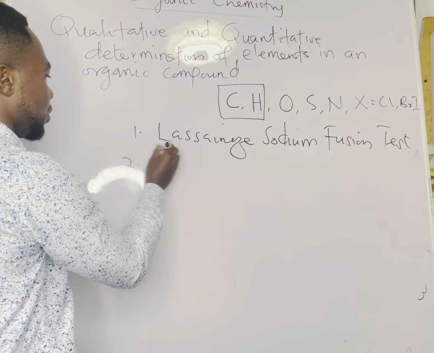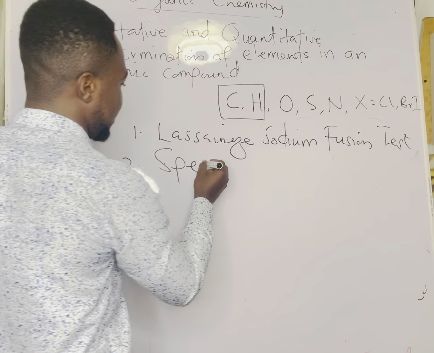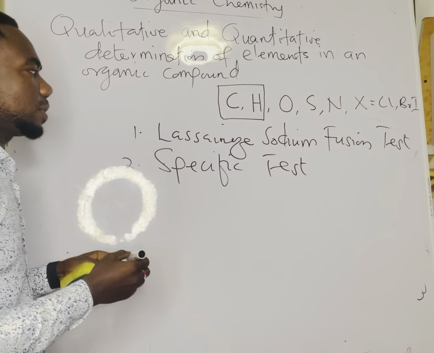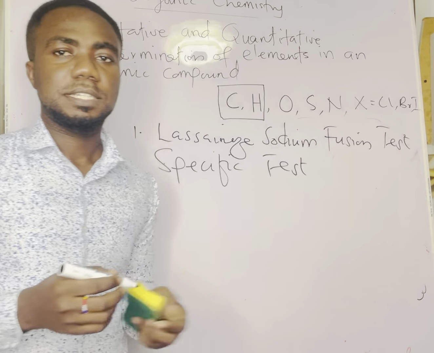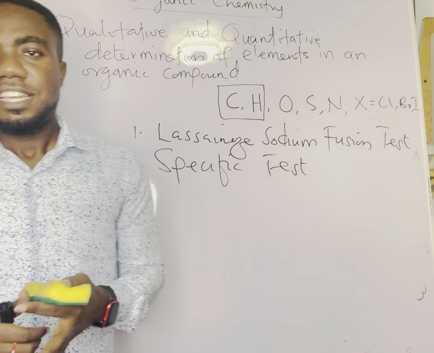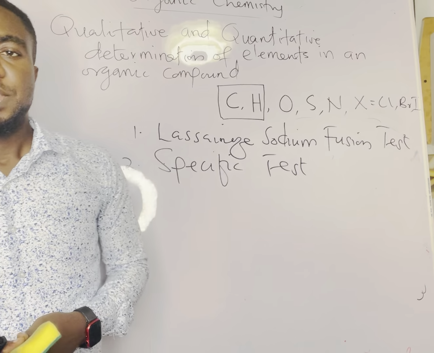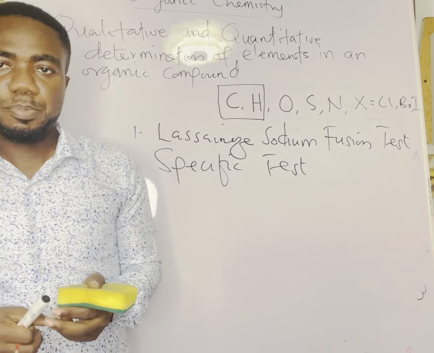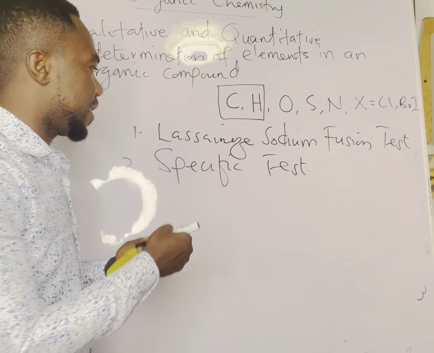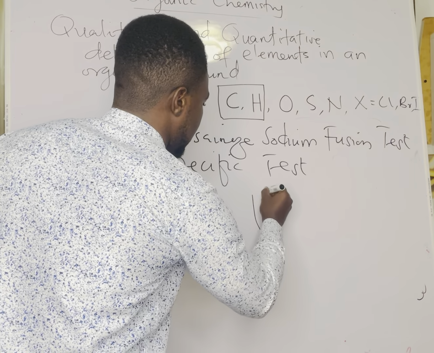Then two, we have the specific test. So the LSFT, the Lassaigne Sodium Fusion Test. In the procedure to determine sulfur, nitrogen, and the X group, you need to get a pure sodium metal. Then you get a fusion tube like this.